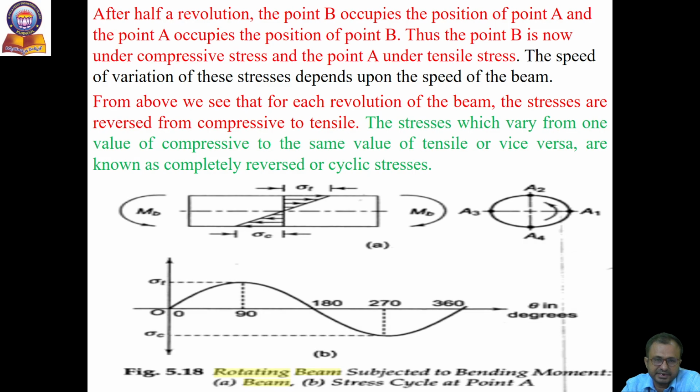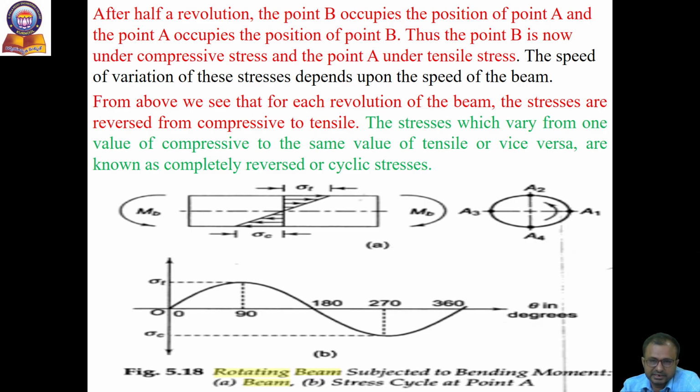The speed of variation of these stresses depends upon the speed of the beam. For each revolution of the beam, the stresses are reversed from compressive to tensile. The stresses which vary from one value of compression to the same value of tension, or vice versa, are known as completely reversed or cyclic stresses.